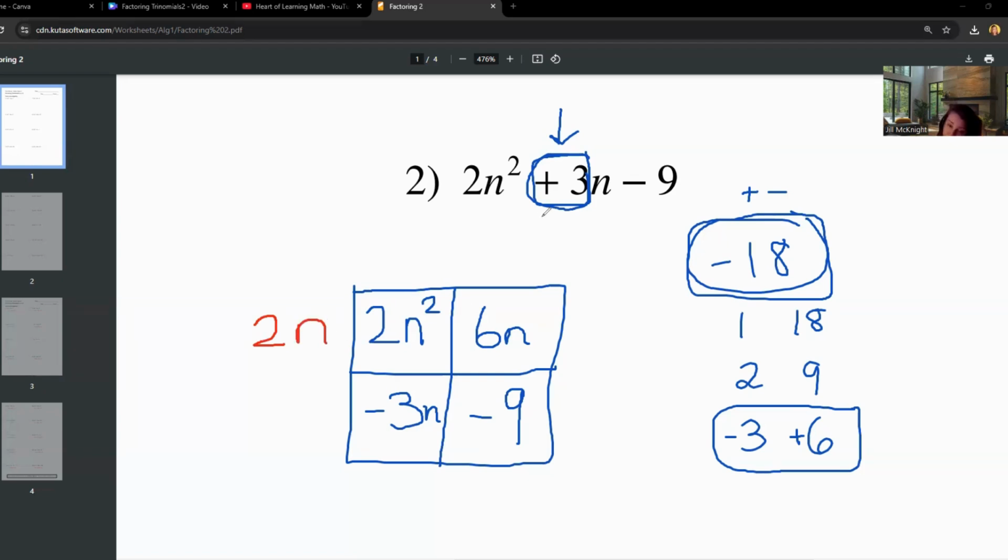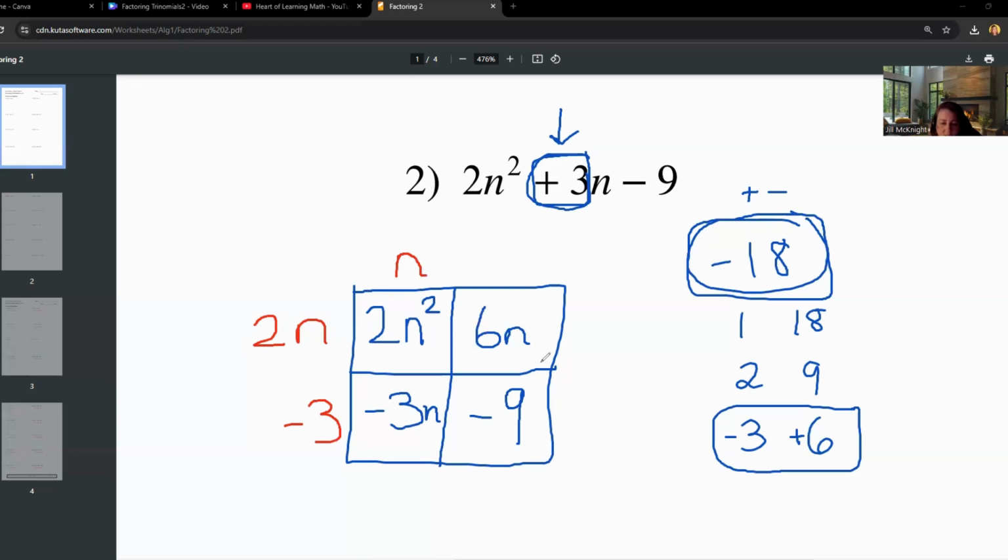All right, and now we're going to do the same thing with the bottom row. We got -3n minus 9, so we can take a -3 out of both of those. And then now let's do the columns. So the first column, we have 2n squared minus 3n, and the only thing that they have in common is an n.